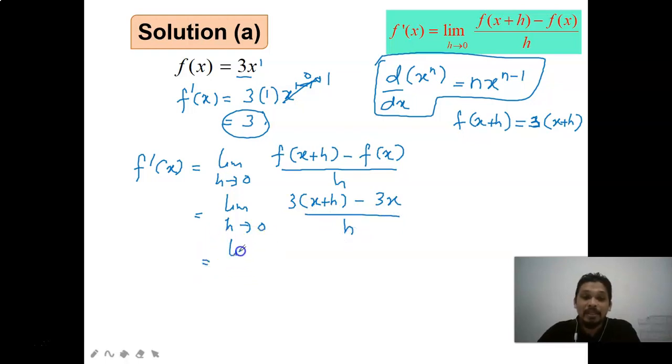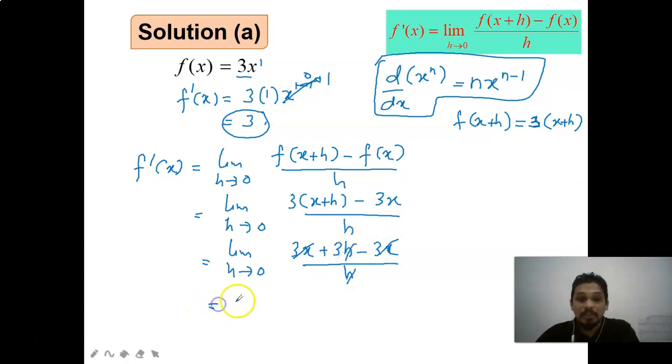Okay, so now limit h approaching 0, 3 times x equal to 3x plus 3 times h equal to 3h, minus 3x, divided by h. So 3x minus 3x, then h divided by h. So then limit h approaching 0.